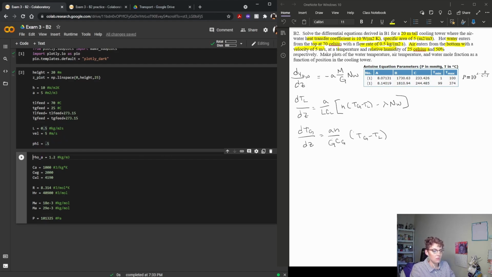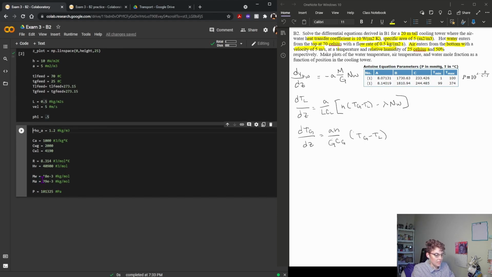And for those other useful values, I included the density of air as 1.2 kilograms per meter cubed, as well as the specific heat of the air as 1,000 joules per kilogram Kelvin, as well as the specific heat capacity of the liquid water and the gas water at 2,000 and 4,190 joules per mole Kelvin, respectively. We also have our gas constant in terms of joule per mole Kelvin and the heat of vaporization at 40,900 joules per mole.